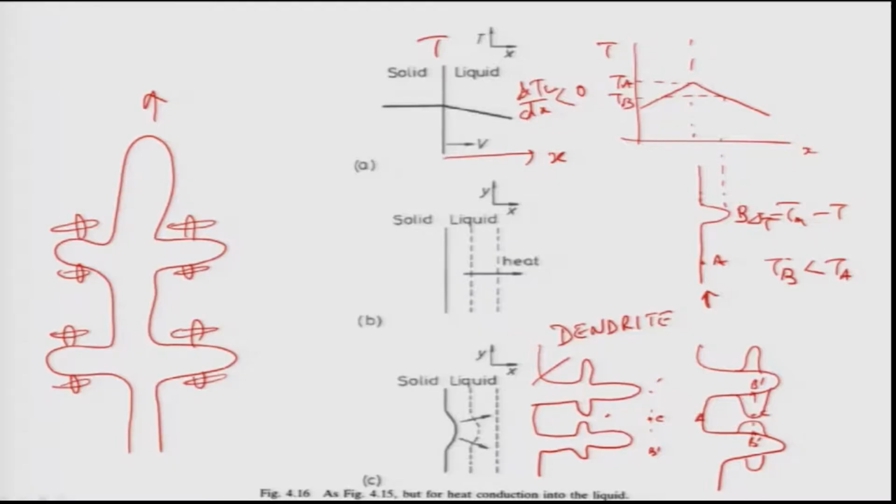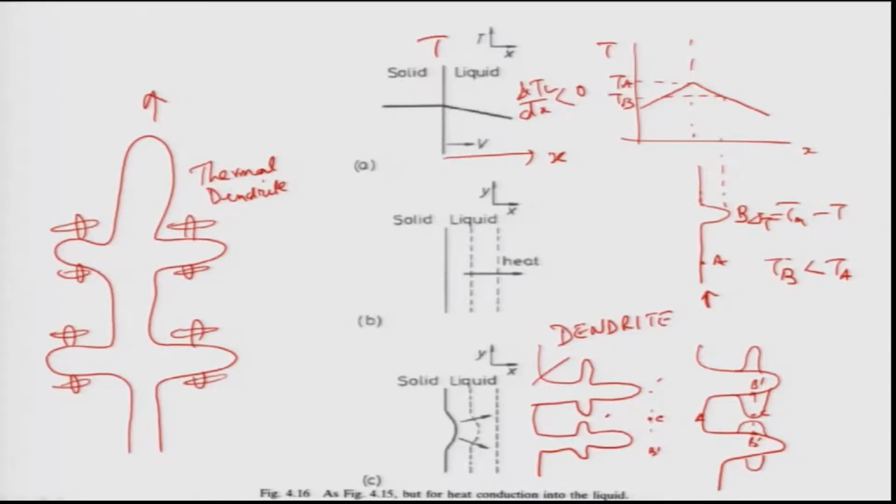Such dendrites are known as thermal dendrites, because they are forming because of the heat transport. So their growth basically depends on how fast we can transport the heat. That is the important aspect. Now, this fast or slow transport of the heat will depend upon the value of the temperature gradient.